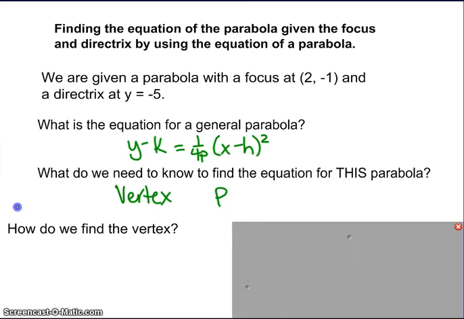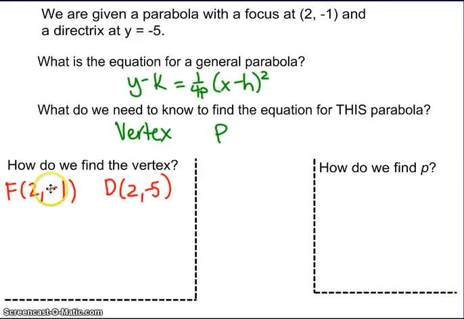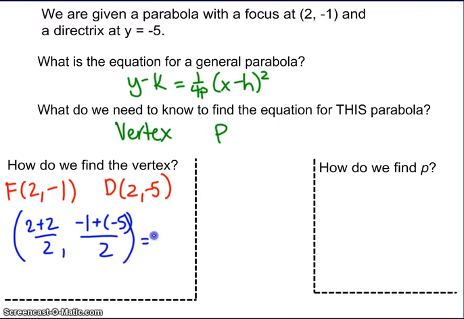We find the vertex, like I've already said, using the midpoint formula. By taking the focus and the directrix point directly below the focus, we add my x's, divide by 2, add my y's, divide by 2. The midpoint, or the vertex, is (2, -3).